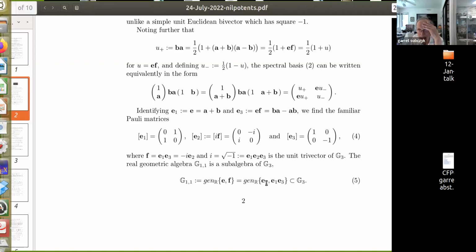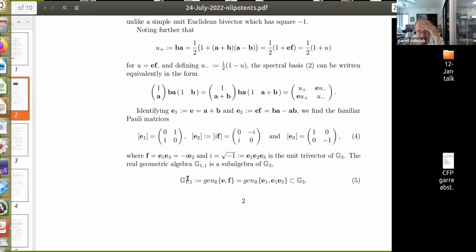It has square 1. E1 squared is equal to 1, which is the identity matrix here. But the bivector, E1 times E3, if you multiply this times this, that's identified with F. Well, here you have F is equal to minus I times E2. I'm identifying I with E1 times E2 times E3, so E1 times E2 times E3 times E2 gives you E1 times E3.